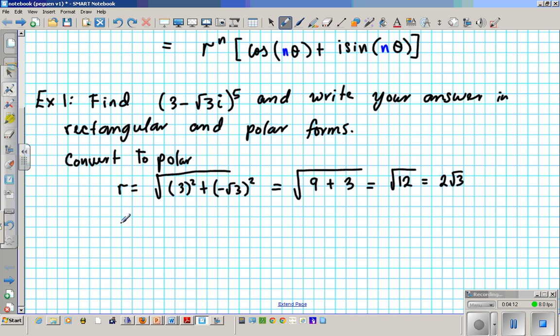So that's r. To get theta, as a consequence of SOHCAHTOA, you do the inverse tan of b over a, or y over x. So negative root 3 over 3.